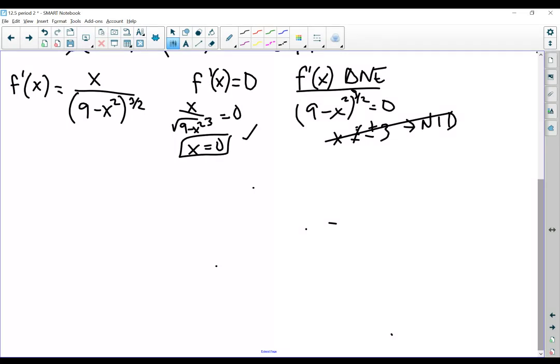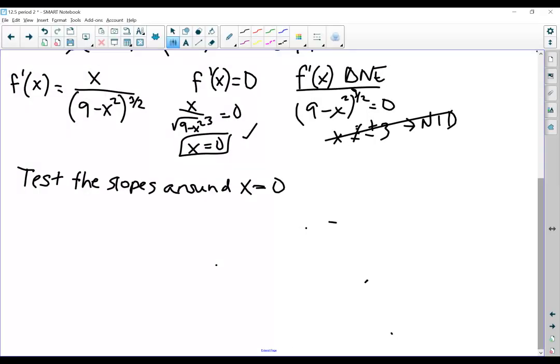So I'm going to test the slopes around x equals 0. If I know that the slopes are positive or negative, then that'll tell me what the function is doing.